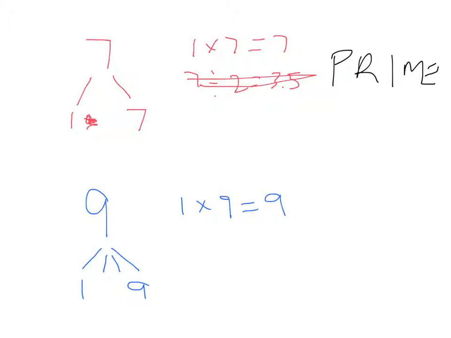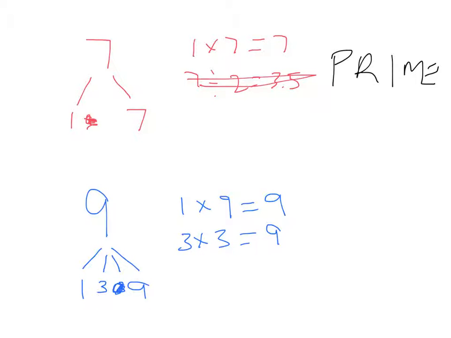Other numbers, let's take a look. 2 doesn't work, because 9 is an odd number. Let's look at the next number, 3. 3 times 3 equals 9. Oh, I did something horribly wrong on my end.